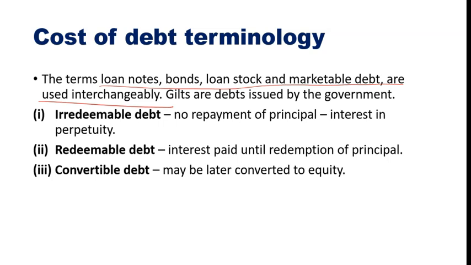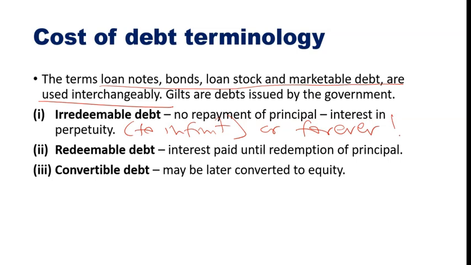Then irredeemable debt. This is a debt where there is no repayment of the principal, and the interest is going to be paid in perpetuity. In perpetuity means to infinity, forever. Then redeemable debt.